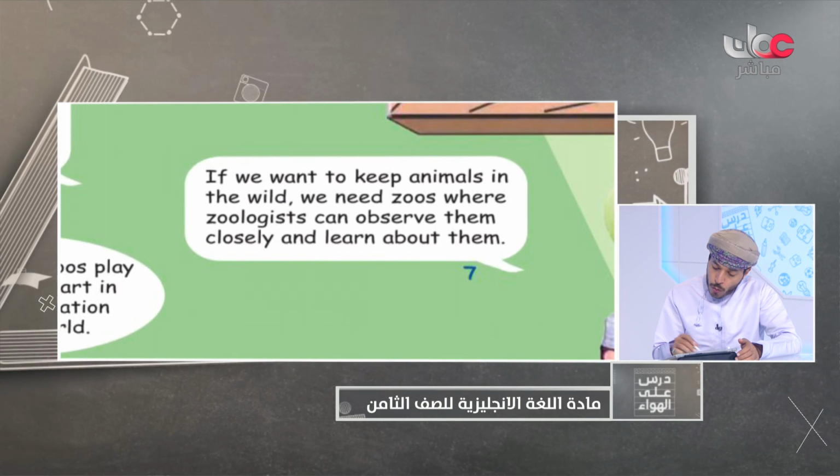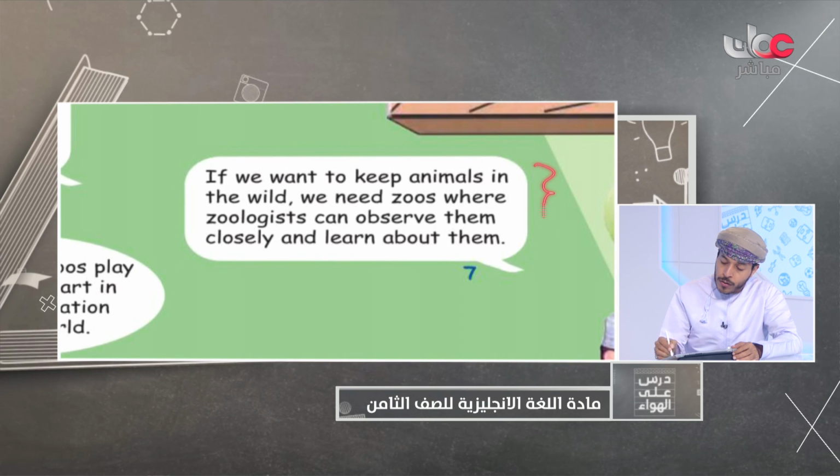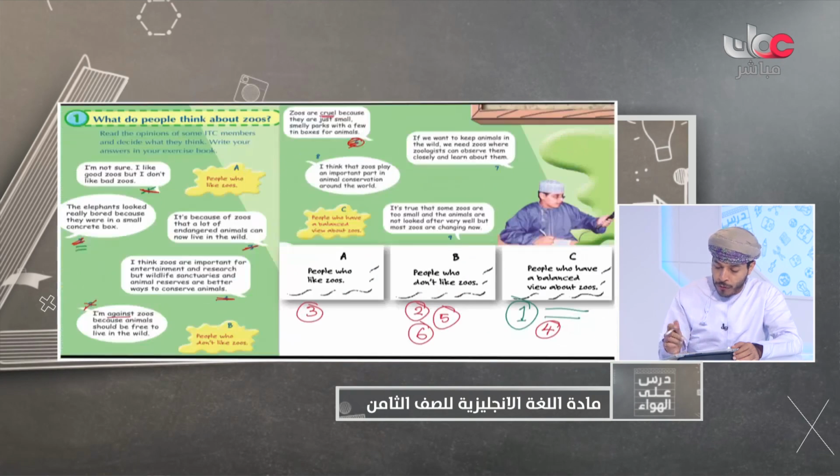Number 7, if we want to keep animals in the wild, we need zoos where zoologists can observe them closely and learn about them. And this one is caring about zoos, and we can put this one for the first group, which is number 7.